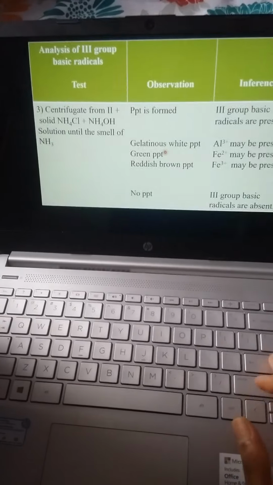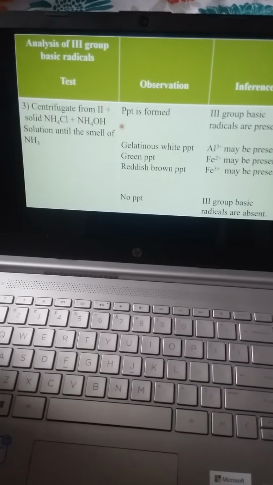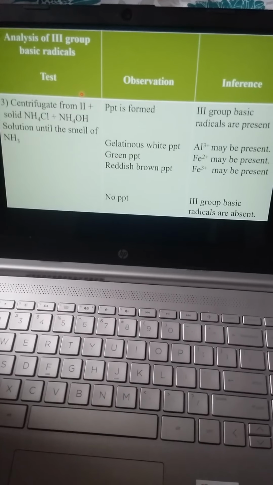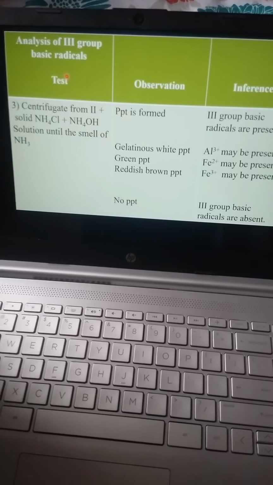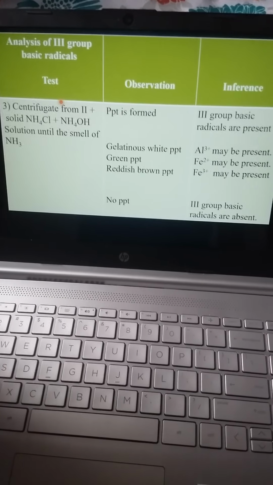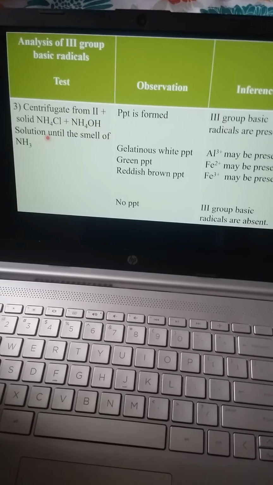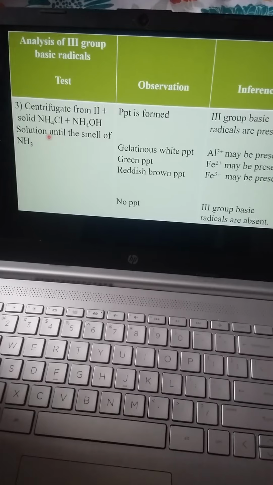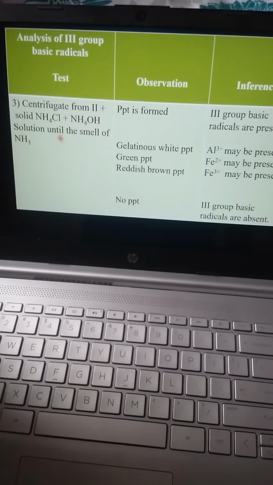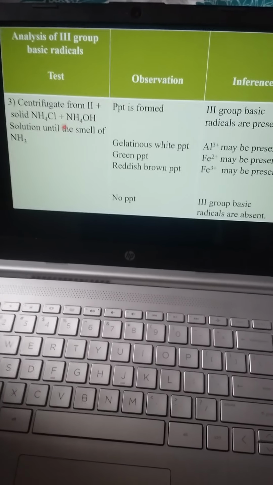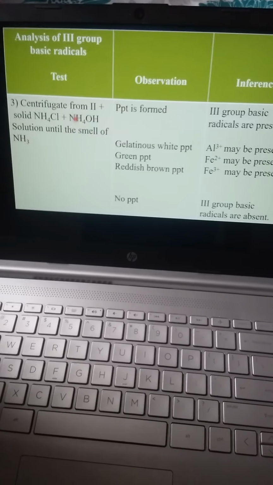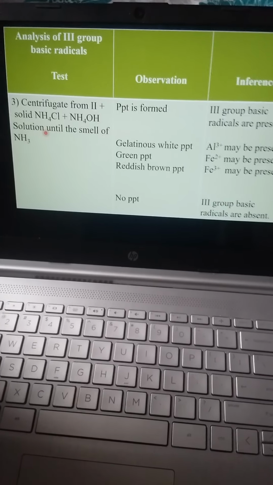Next we shall move on to the analysis of third group basic radicals. How do you analyze third group basic radicals? In a test tube, take the centrifugate from the second group and add solid ammonium chloride and a few drops of ammonium hydroxide solution.